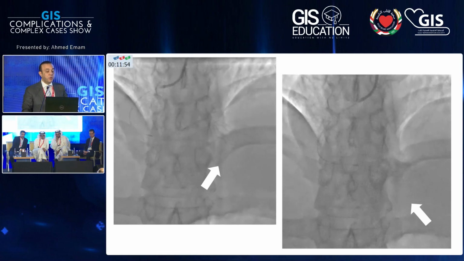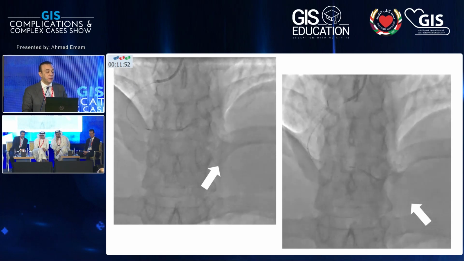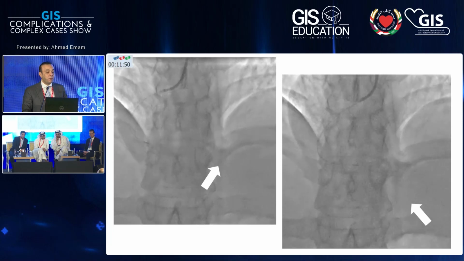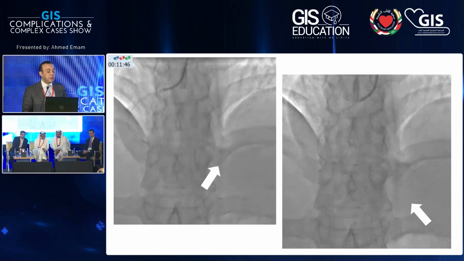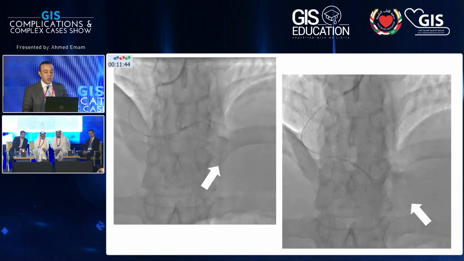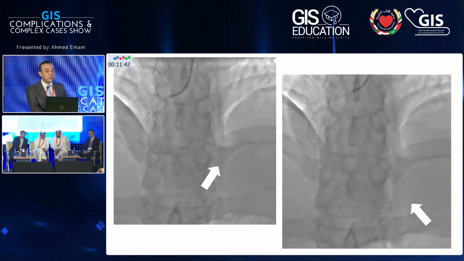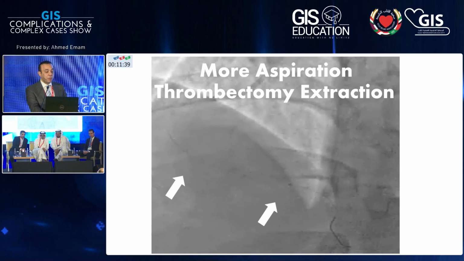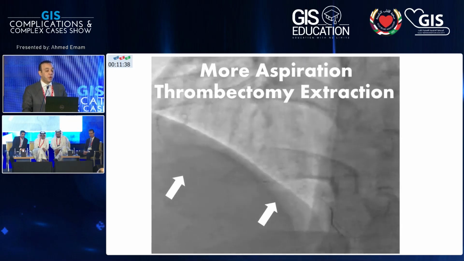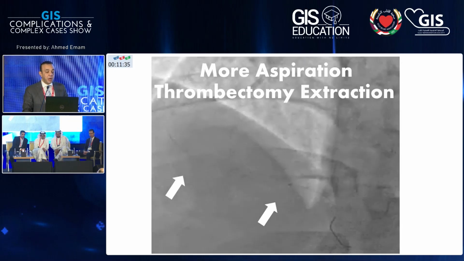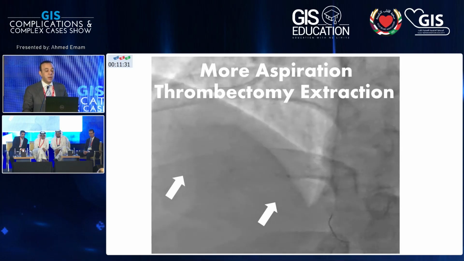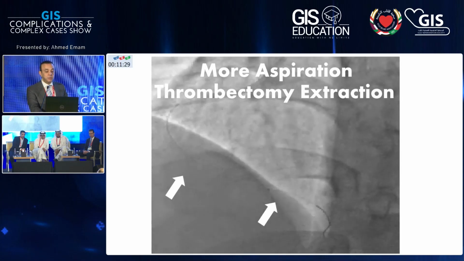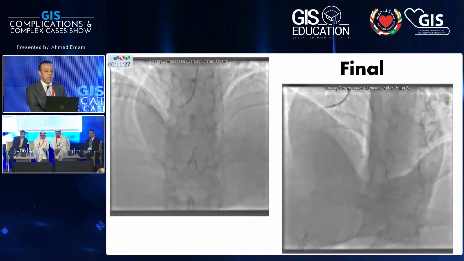You can see flow is really good in the microcirculation, with a rapid disappearance of the contrast. So I knew that the whole problem was due to thrombus blocking the proximal and mid part of the artery. That's why I continued with more aspiration and more thrombectomy extraction.